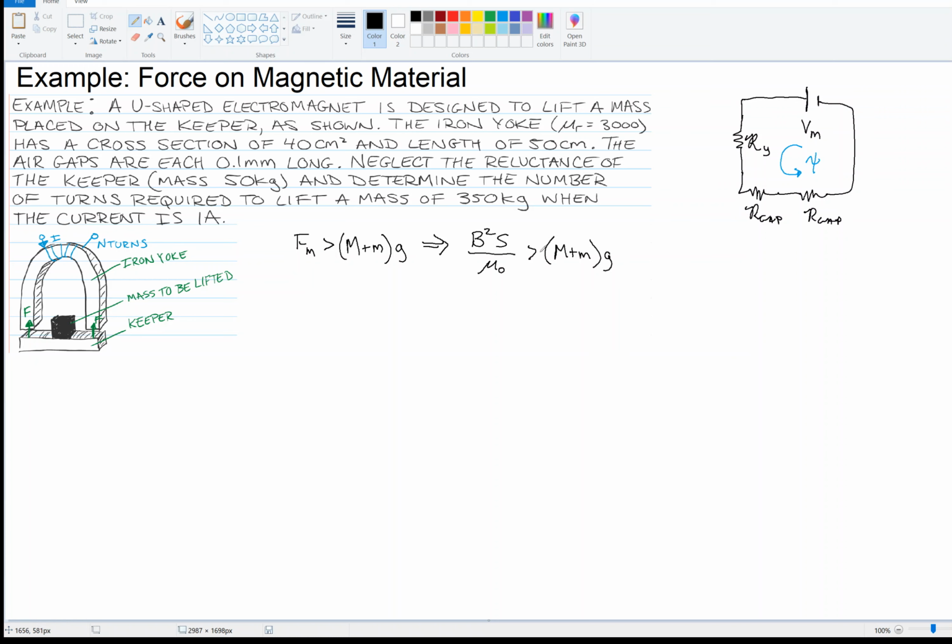And so I don't need to worry about flipping this inequality as I manipulate this a little bit. In fact, we're not even going to worry about gravity for right now. So if I solve that for B by multiplying by mu 0, dividing by S, and then taking the square root, I see that B has to be greater than the square root of mu 0 times (M plus m) times g over S. So that's what we get.